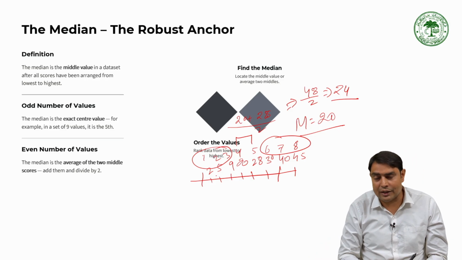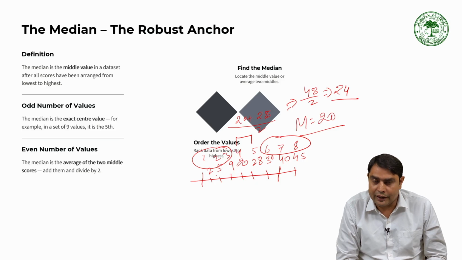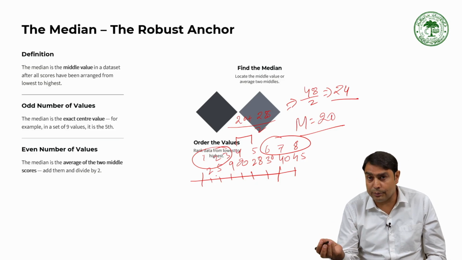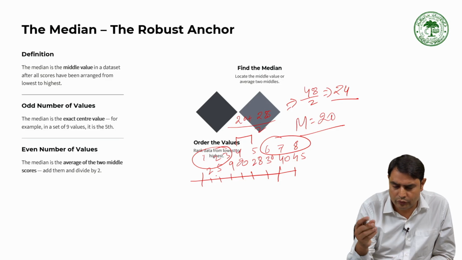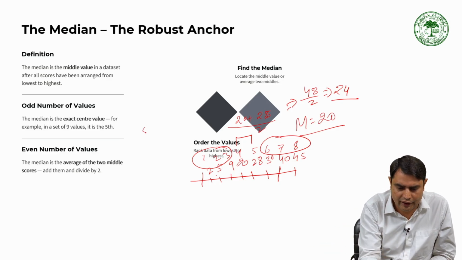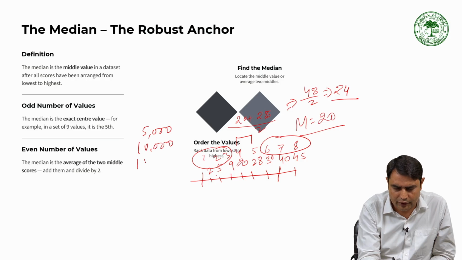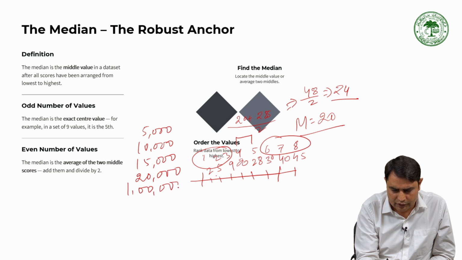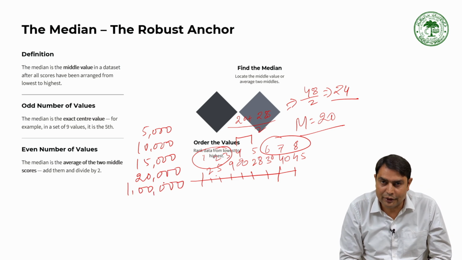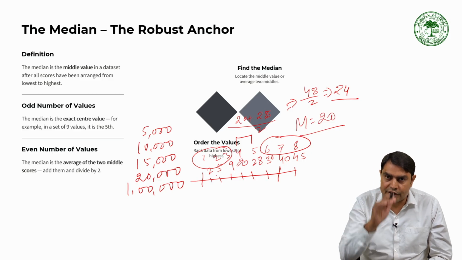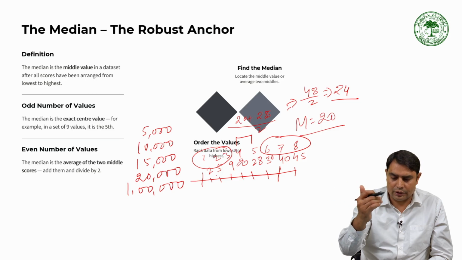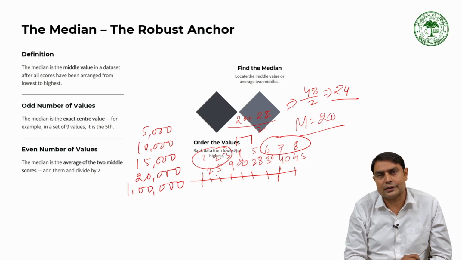So, if I have to take the class tour again for tracking, and in that case I would have used the median, let the values be 5,000, 10,000, 15,000, 20,000, and then 1 lakh. What I have done is just arranged it from lower to higher, in ascending order.